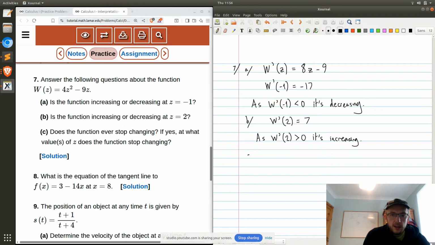For part C, does the function ever stop changing? If yes, at what values of z does the function stop changing?